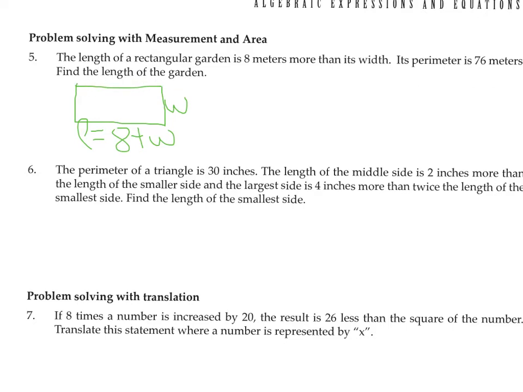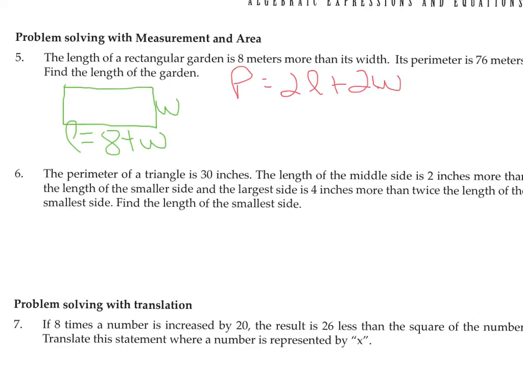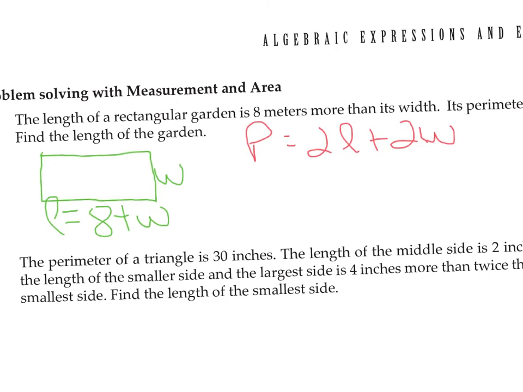All right, the perimeter is 76 meters. Find the length of the garden. Okay, since we're talking about perimeter, we're going to need that formula for perimeter of a rectangle, which is P equals 2L plus 2W. 2 times the length plus 2 times the width. And then we're going to fit the numbers in here.